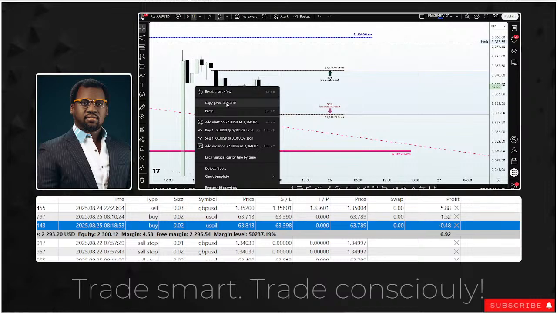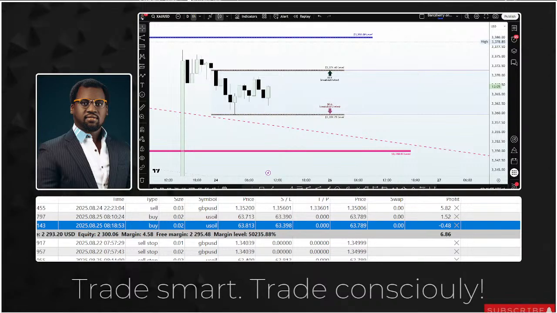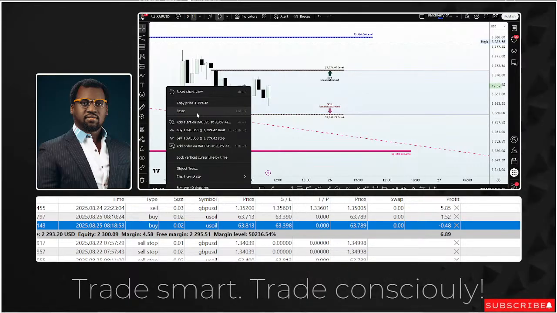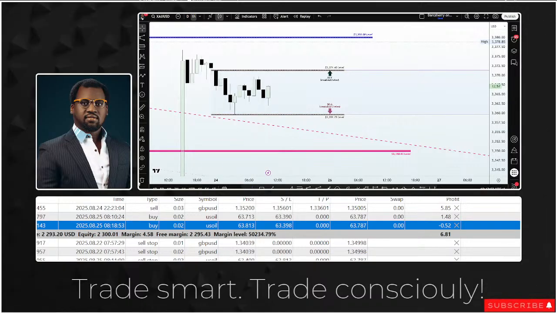So I place that one right there, and then I will place a sell stop order below the 3,359 ish.